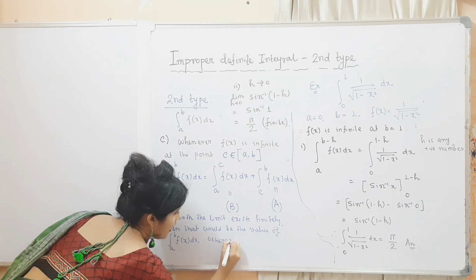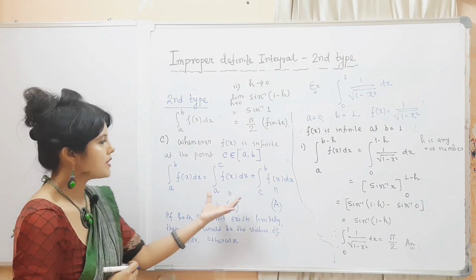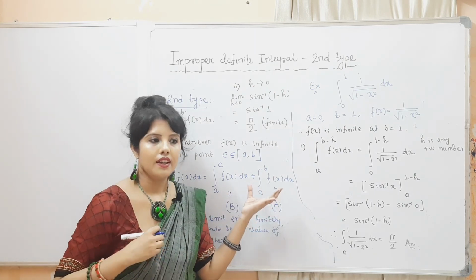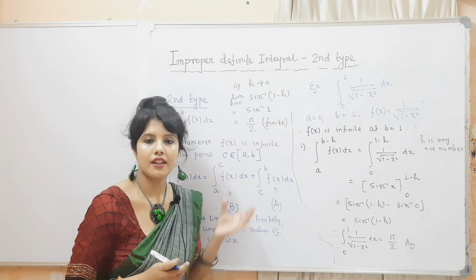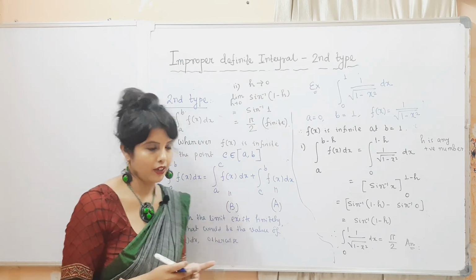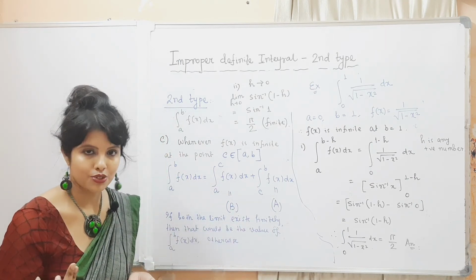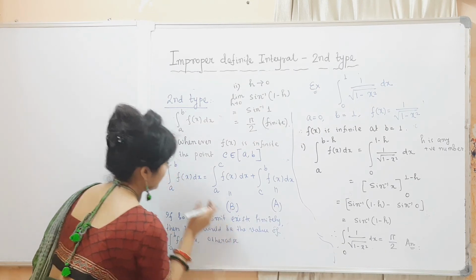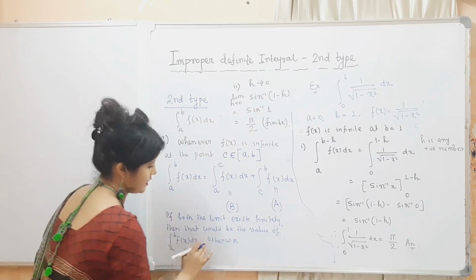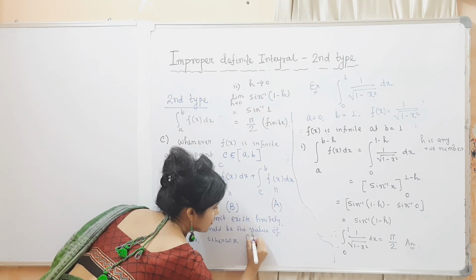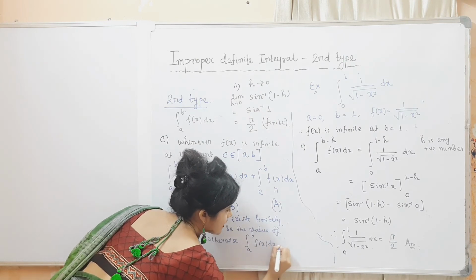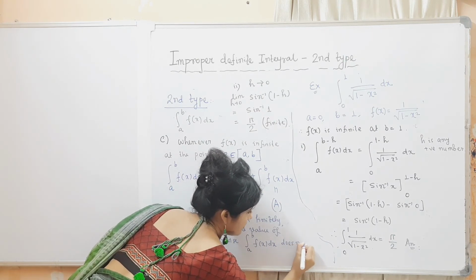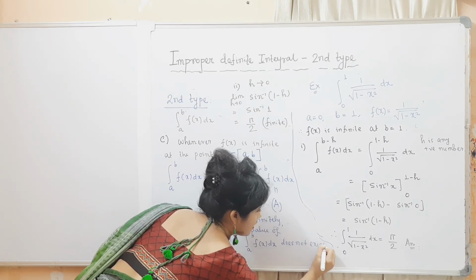Otherwise, that is, if either integration has an infinite value after taking the limit h tends to 0, then this kind of integration does not exist. So otherwise the integration from a to b of f of x dx does not exist.